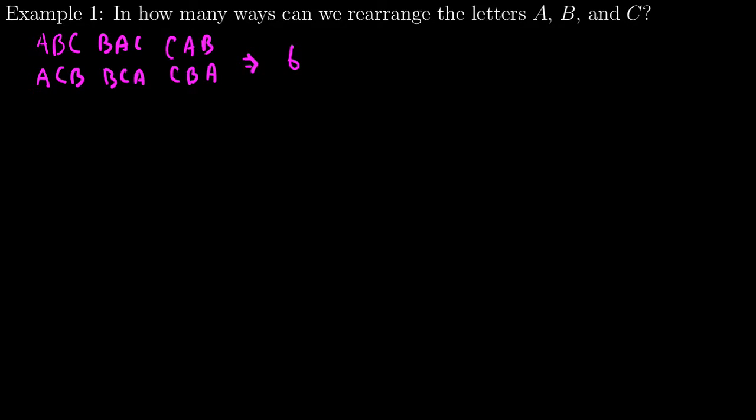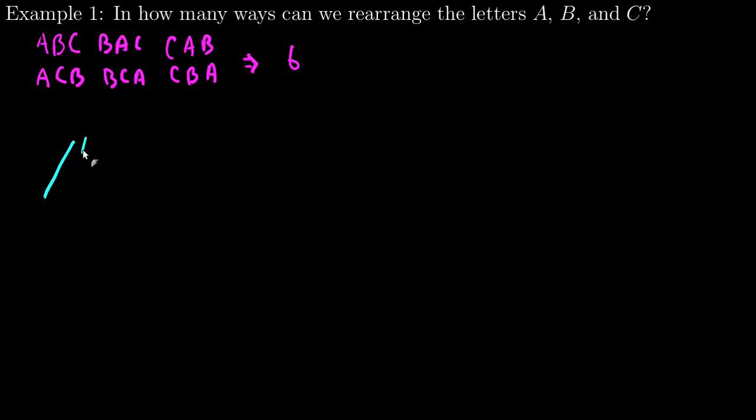In a little different way, to answer the same question, I could also work a little bit smarter, like the last lesson in counting. I could make a tree to see what's happening here. If I'm trying to rearrange these 3 letters, I have 3 choices for the first letter.